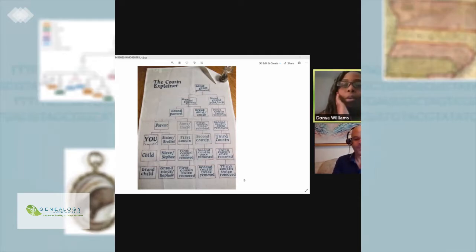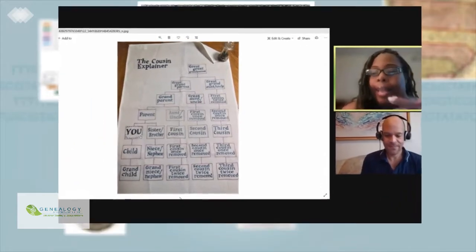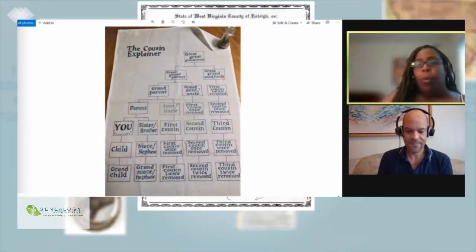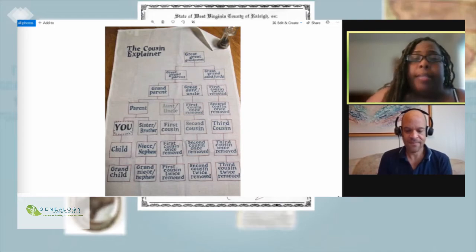All right. So I don't know what it is about this picture, but it just hit the nail on the head for me. And I was like, oh my God, I get it. So what we're looking at is the Cousin Explainer photo. Basically it takes you from your parent all the way up to your second great grandparent.